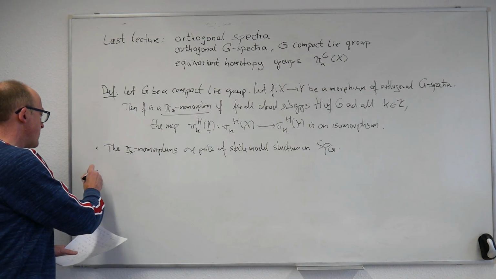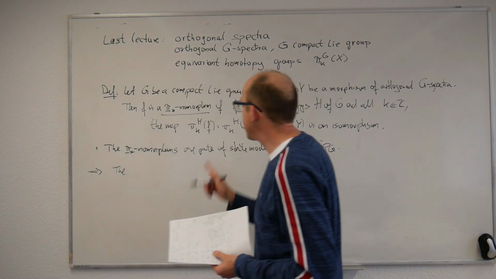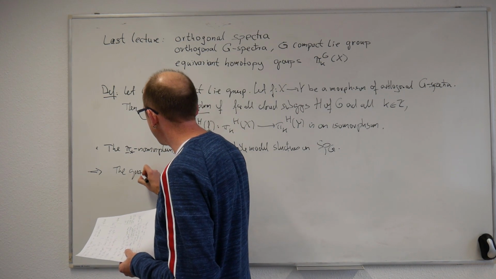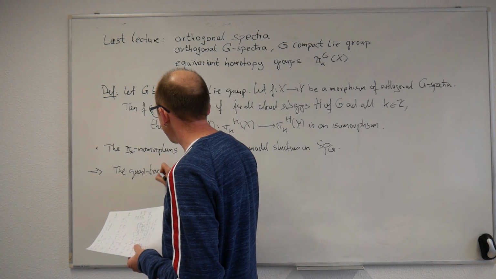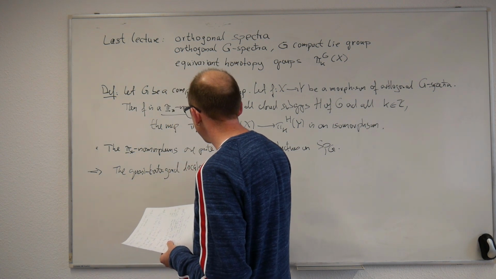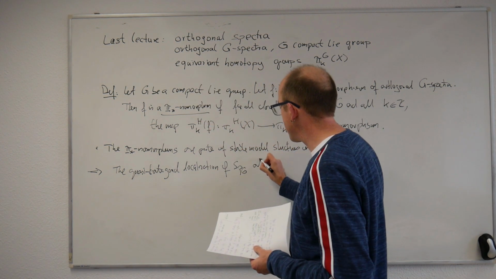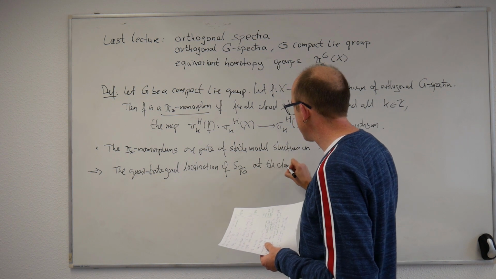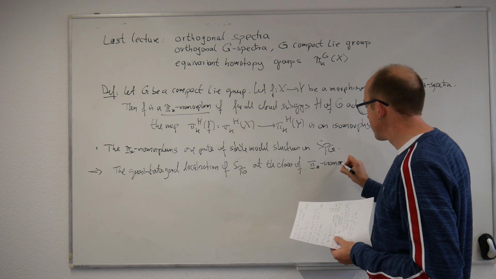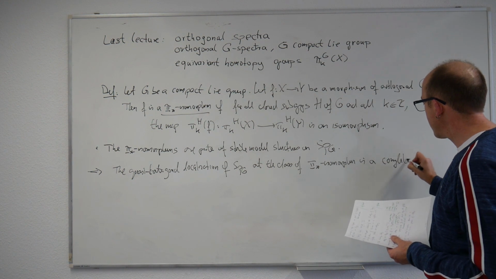A consequence of having a stable model structure is that if we localize orthogonal G-spectra at the pi star underlined isomorphisms, and let me be precise what I mean, the quasi-categorical localization of the one category of orthogonal G-spectra at the class of pi star underlined isomorphisms, is a complete and co-complete stable infinity category.